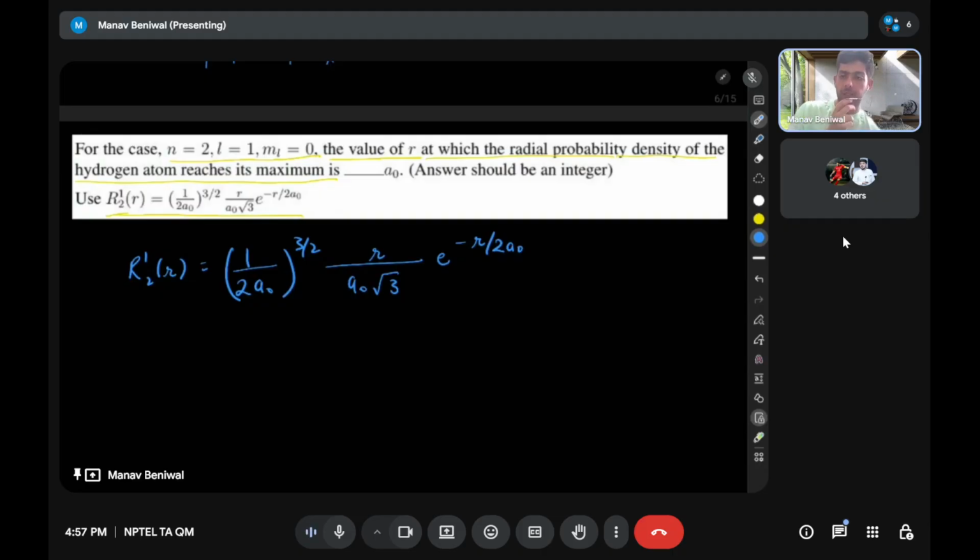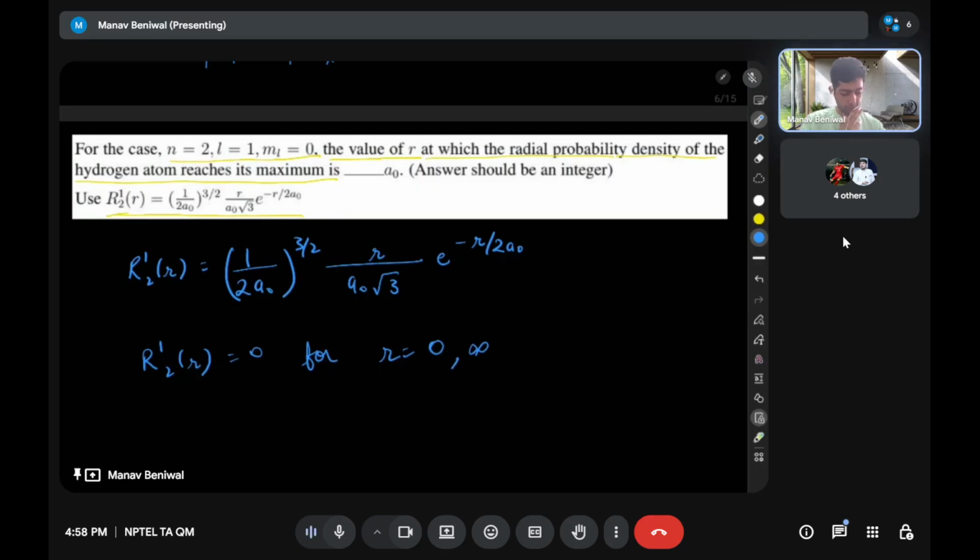Can anyone tell me? So this R1,2 will be 0 for r equals what value? 0, yeah. So one is 0 and the other one? Infinity? Yeah, infinity. Correct.